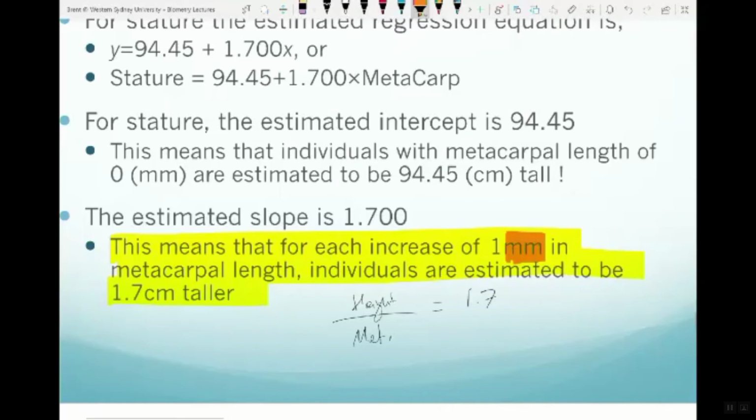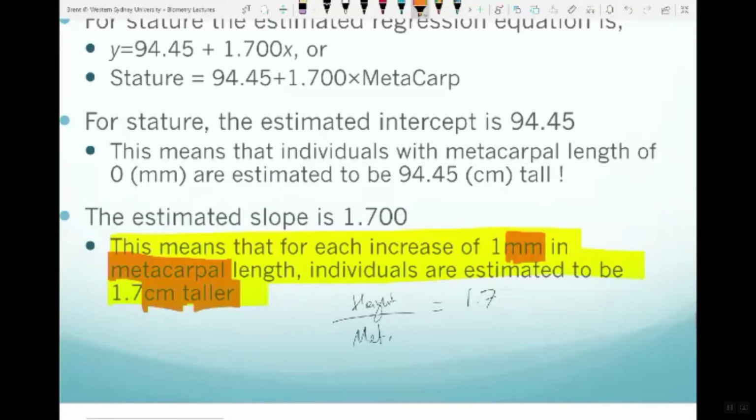It's different units. They're both measurements of length, but the metacarpal in the data was measured in millimeters and height was measured in centimeters, so don't mess that up. And also, be specific to the question in terms of what you are talking about: metacarpal and height. Here they've referred to just being taller, okay? So if you're asked this question in the exam, make sure you tick all those boxes. Were your units correct when you interpreted the slope?